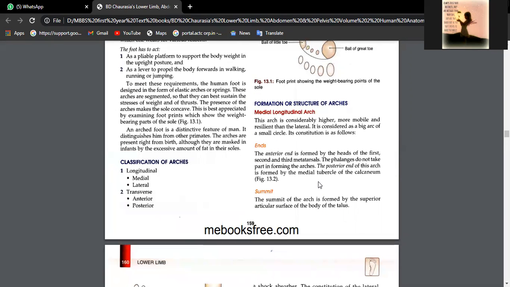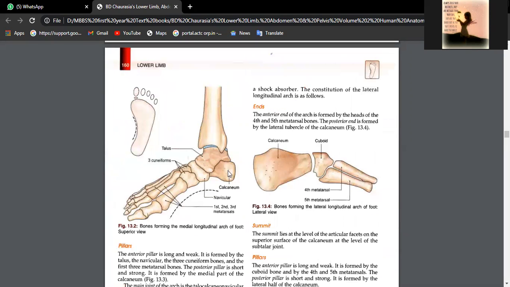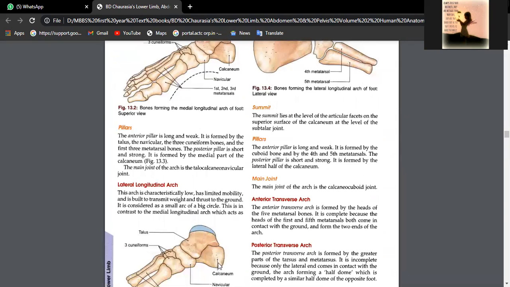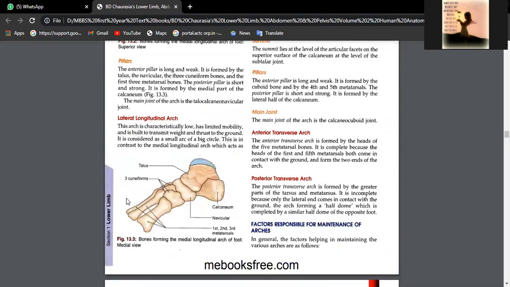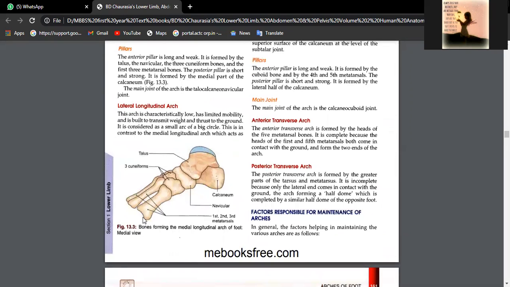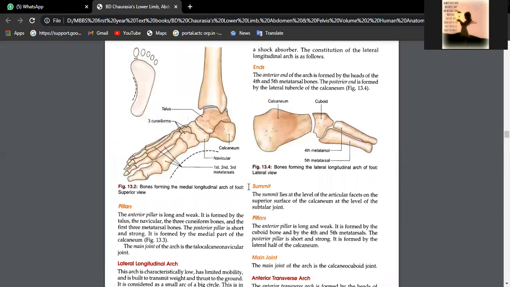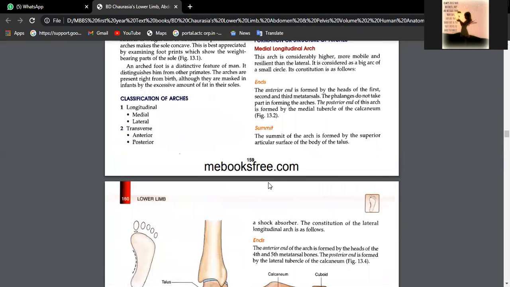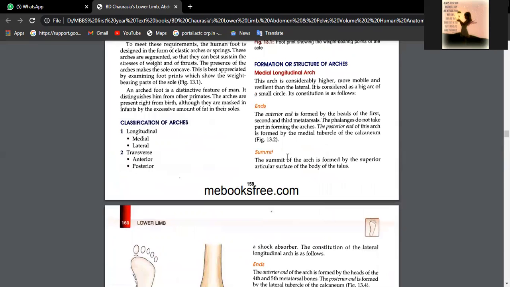Now when you come to the posterior end, it is formed by the medial tubercle of calcaneum. Which is the medial tubercle? This extreme edge is the medial tubercle. So anteriorly we have the heads of first, second, third metatarsals, and posteriorly we have the tubercle of calcaneum. Then the summit. Summit means highest point.